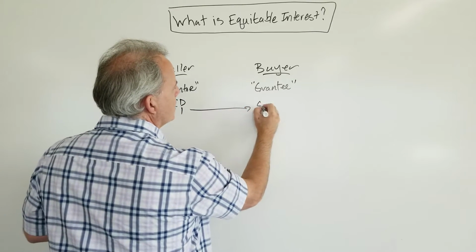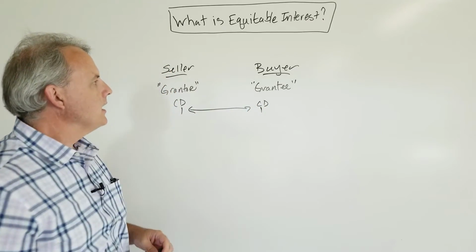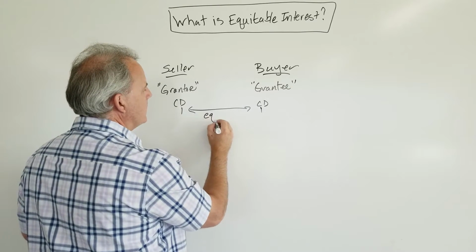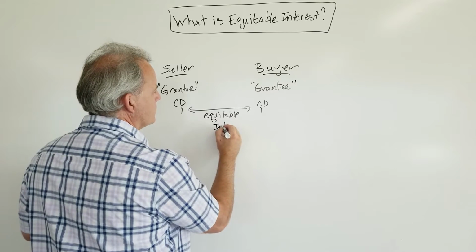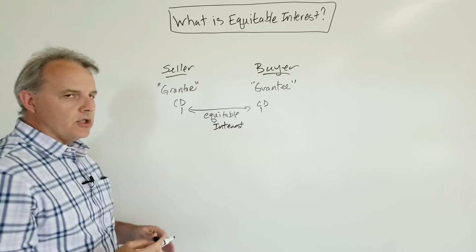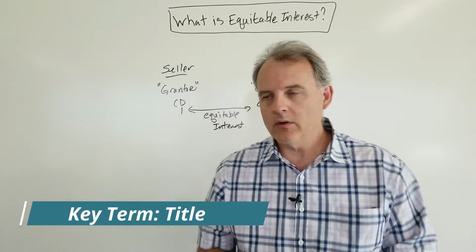So from the contract date to the closing date, that period is where the buyer has what's called equitable interest. Now the seller is the legal title holder. And remember, title in real estate means ownership.